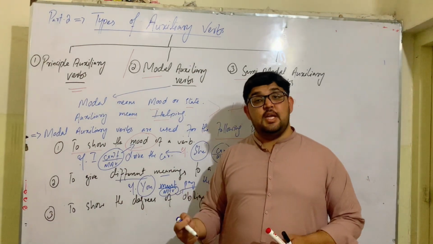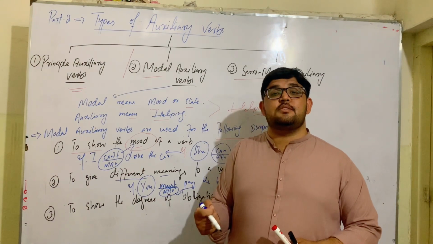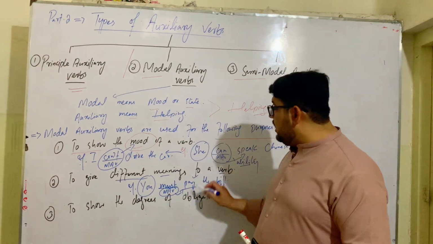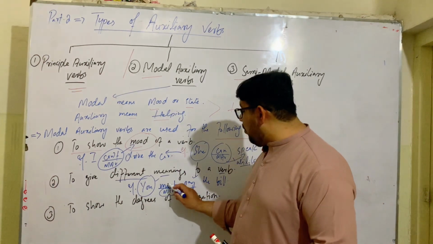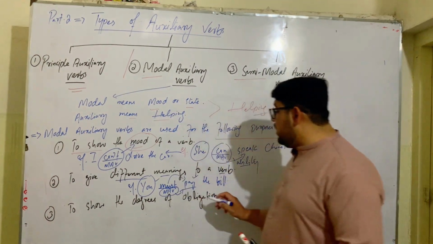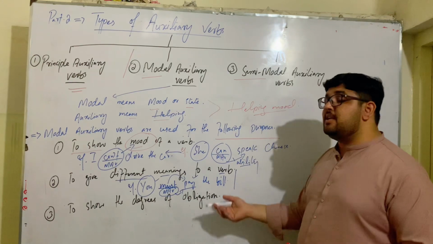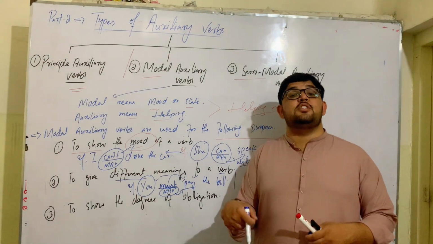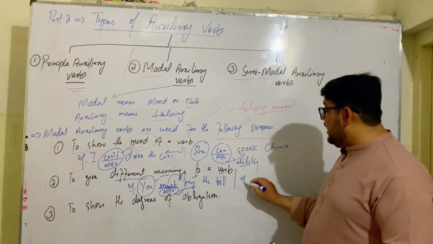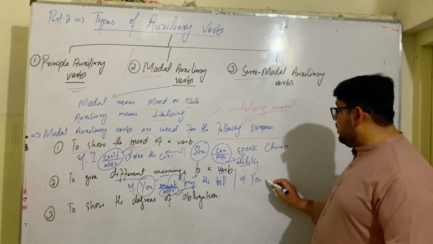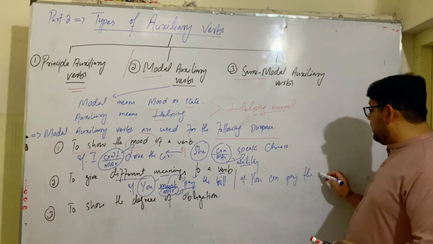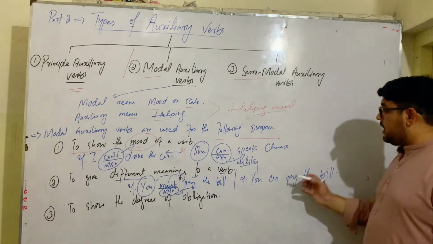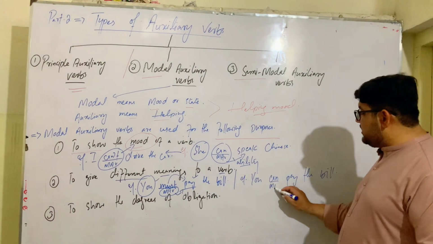If the subject refrains or denies to perform the action, the subject may face consequences. So look, must gives one meaning to the same word, and if I just change the modal auxiliary verb, it will also change the meaning of the verb. Another example could be that you can pay the bill. Now can is a modal auxiliary verb.